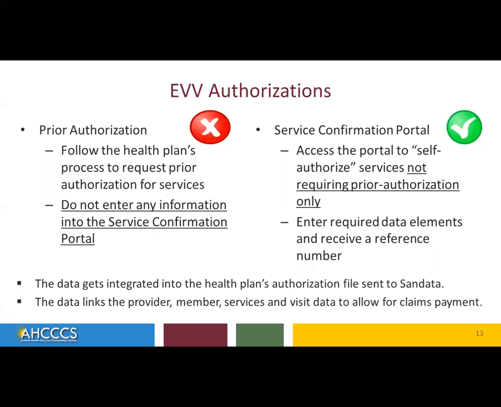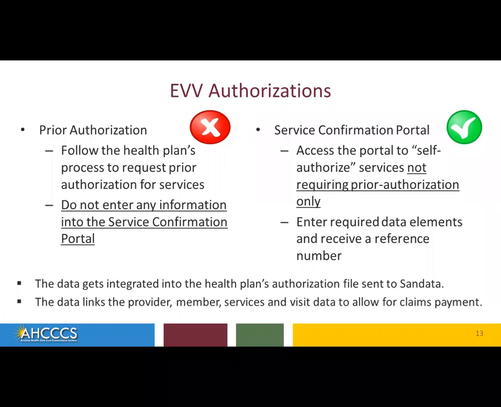So here's an example. It's either one process or the other. If the health plan requires prior authorization, you follow their process, or if the health plan does not require prior authorization, you use the service confirmation portal.